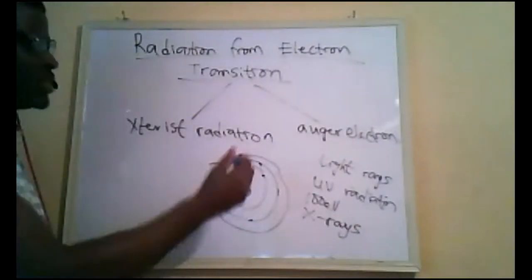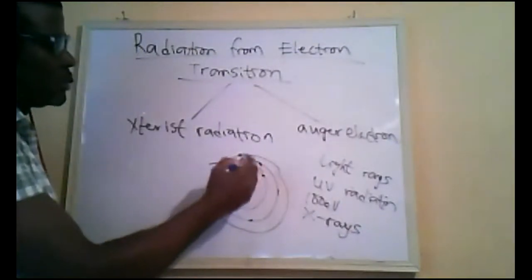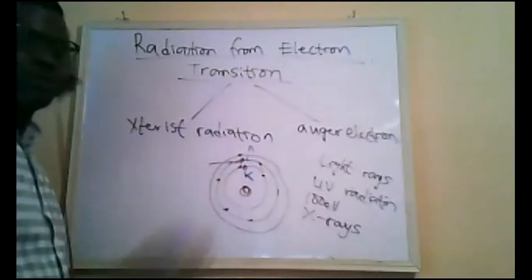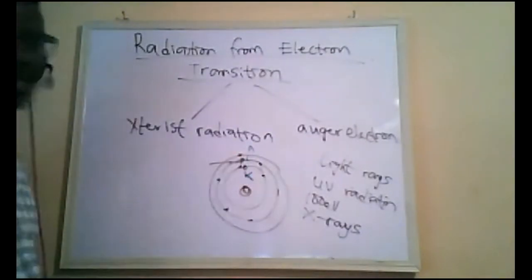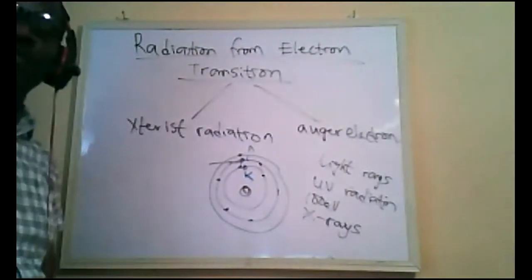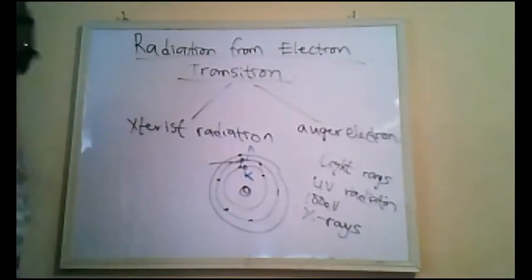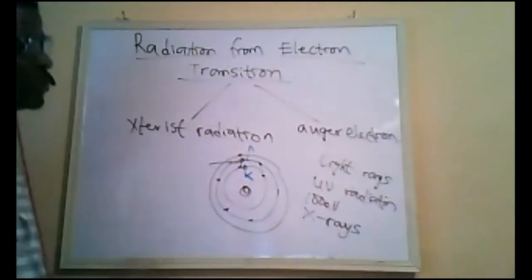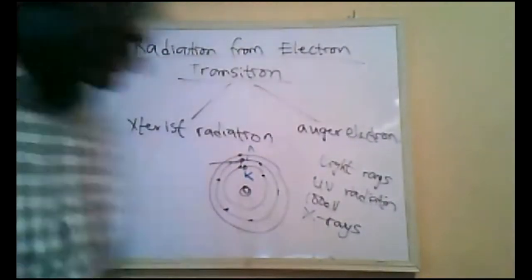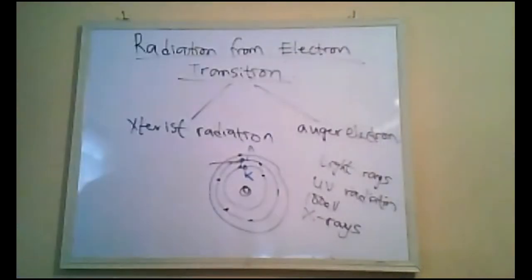Assuming this is the K shell, then L, M. For sodium, a transition from L to K has a particular energy range characteristic of sodium. It is the same for calcium and so on. That is why the name characteristic was coined.